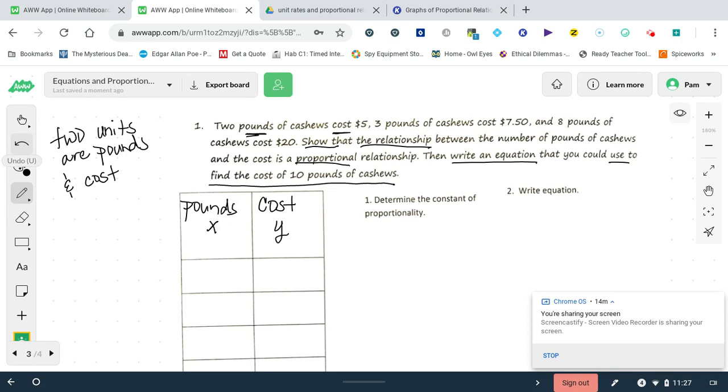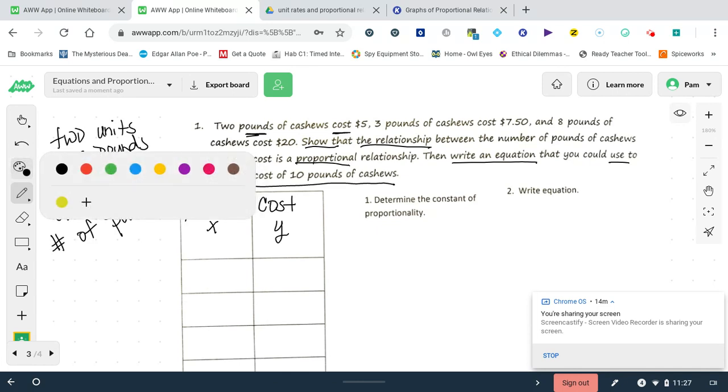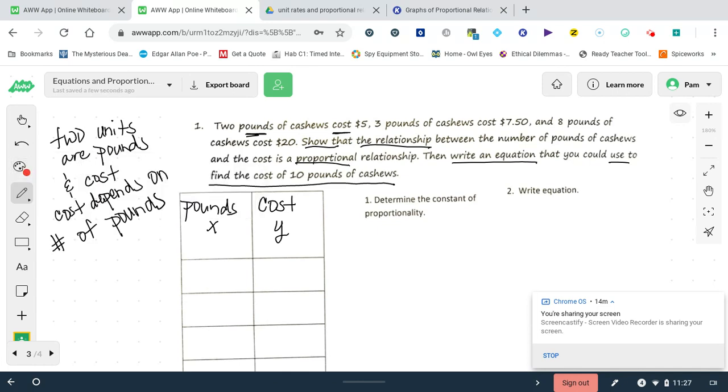Basically, again, I'm going to write cost depends on number of pounds. Since your cost is dependent, again, the dependent variable is always relative to Y. And then the independent variable is always relative to X. Your dependent variable is Y, your independent variable is X. All right, now I know how to fill this in.